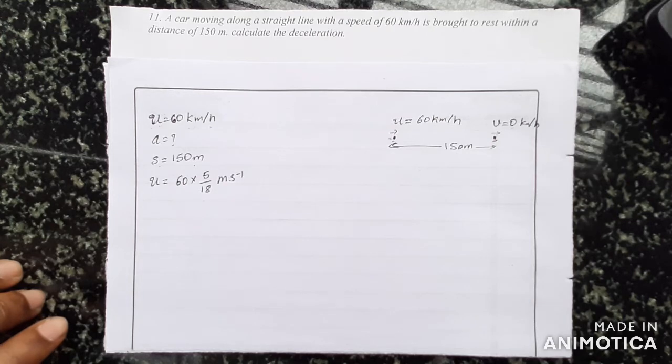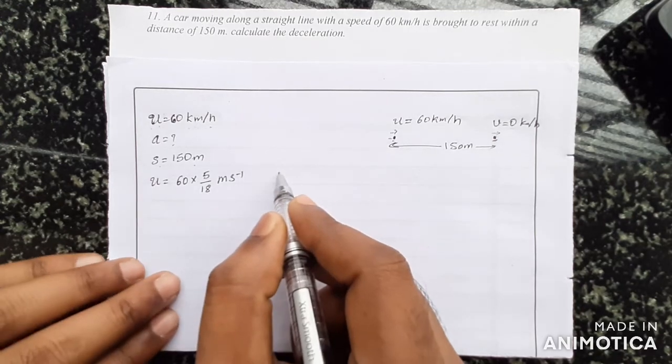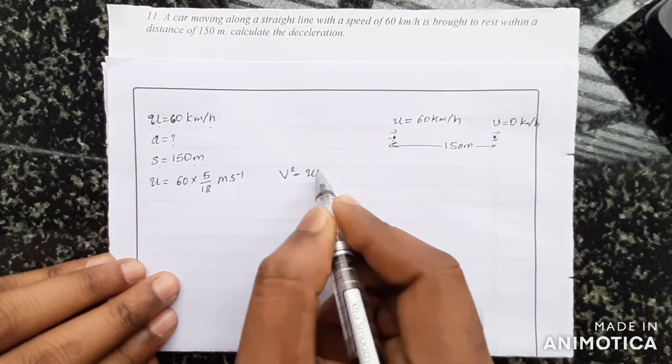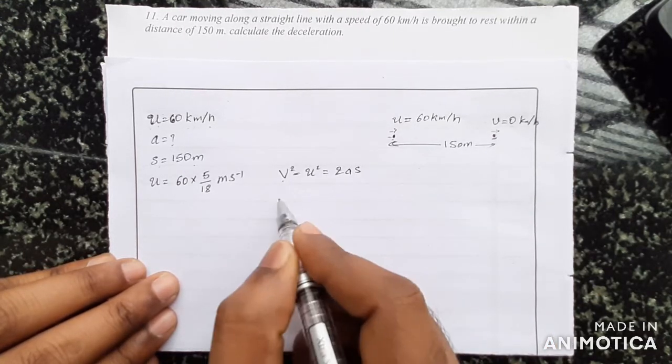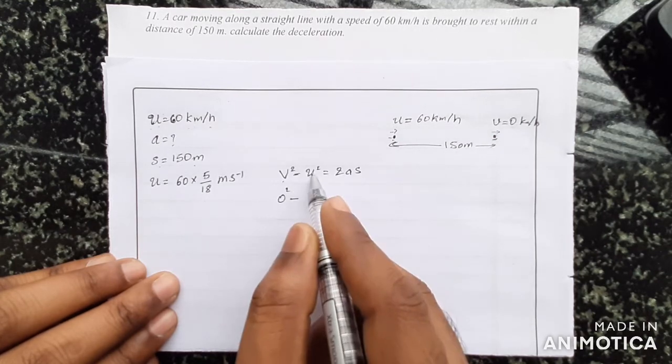So now we have all the quantities in the same unit and hence we can go for solving a. So the formula is v squared minus u squared is equal to 2as. v is 0, squared is 0, minus u squared.